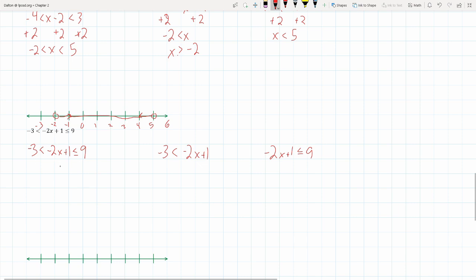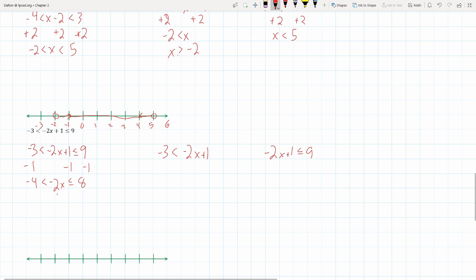If you wanted to do this first one, again, we're trying to get the x by itself in the center. And we're still going to follow those same basic rules that we've been using in solving equations. So we're going to subtract 1 from all of the sides. So I get negative 4 is less than negative 2x, which is less than or equal to 8.